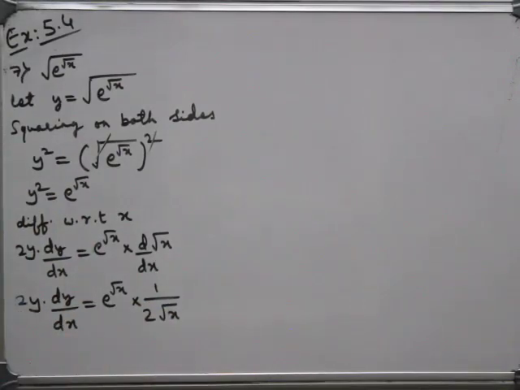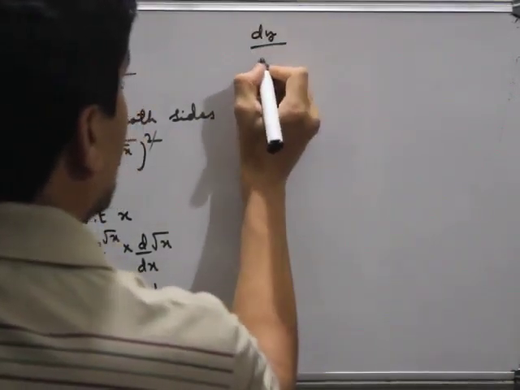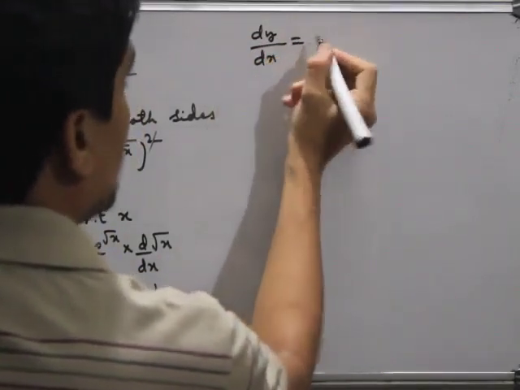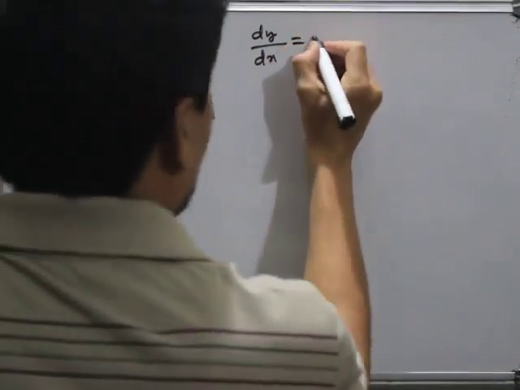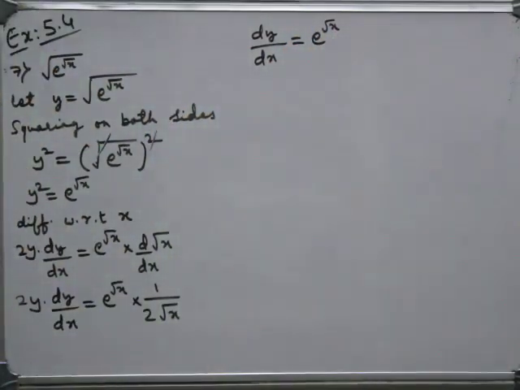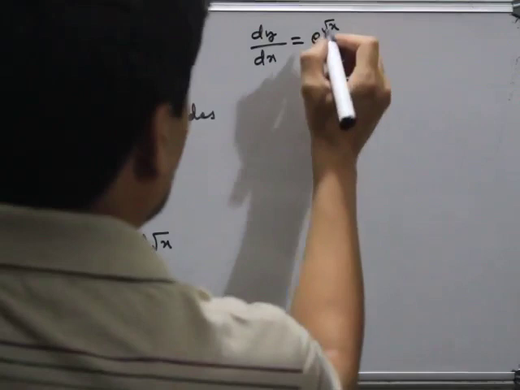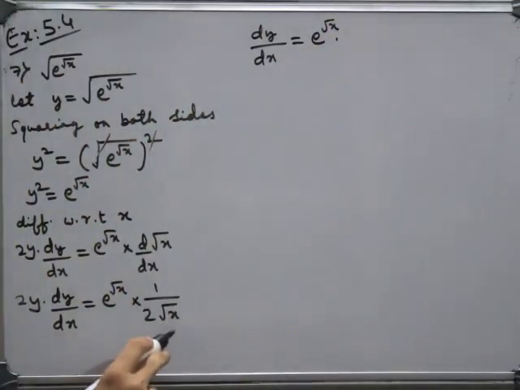And I can write the value of dy by dx. So let us write dy by dx is equal to e to the power of root x into this 2y will come here.